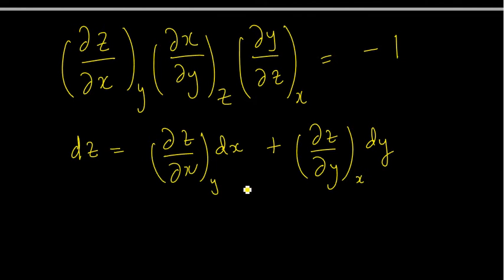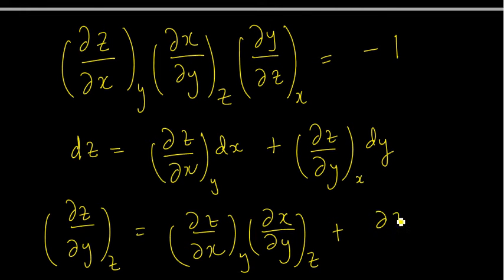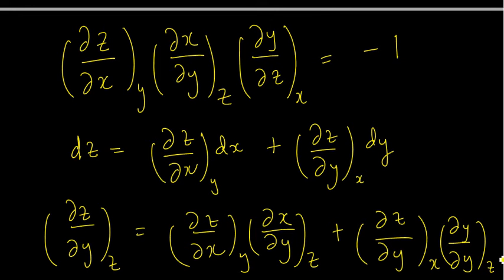So if I divide by dy everywhere at constant z, then what I get is del z del y at constant z, which will go to 0 because I'm trying to change z, but I'm holding the condition that z is constant, is equal to del z del x at constant y times del x del y at constant z plus del z del y times del y del y at constant z, right?